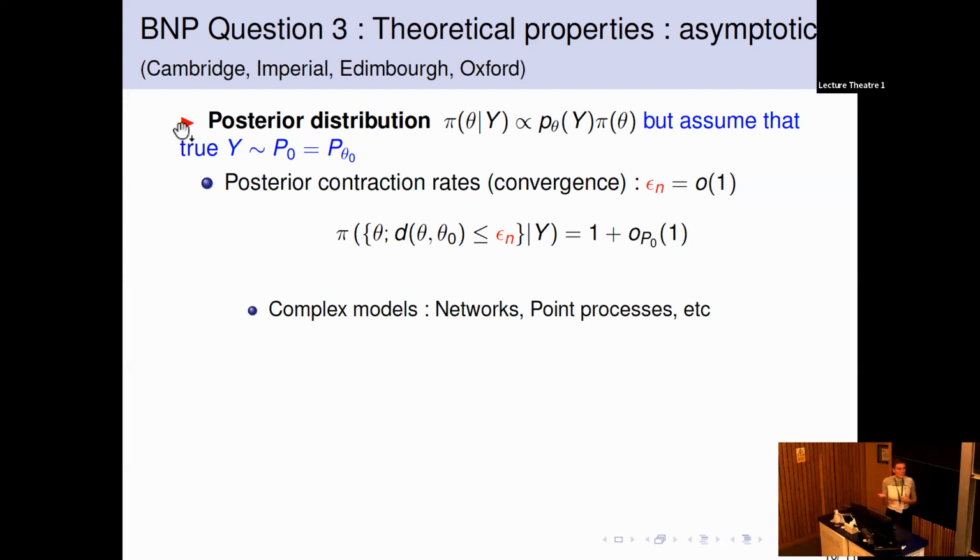As Long was saying, and it's exactly true in the UK as well, this theory dates from about 20 years ago. But now the big question is how do you handle complex models? Networks is the one I was talking about. Point processes, or diffusions or SDEs, like Long was talking about. Another big one, related to PDEs, and I've seen quite a lot of people here working on PDEs, is inverse problems defined through PDEs.